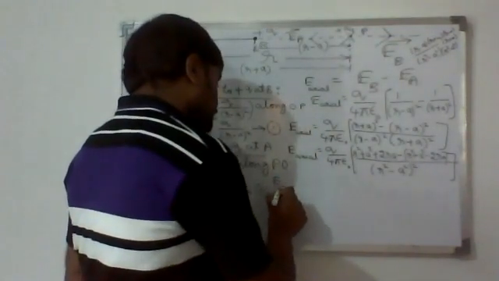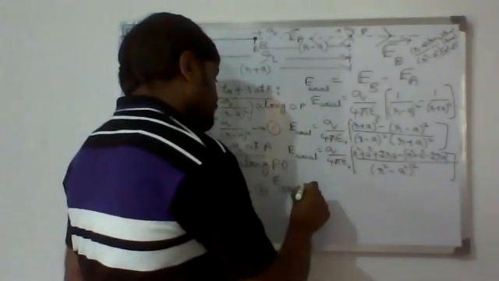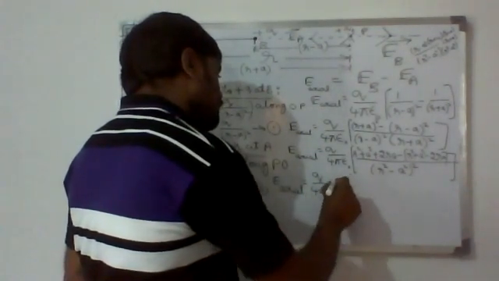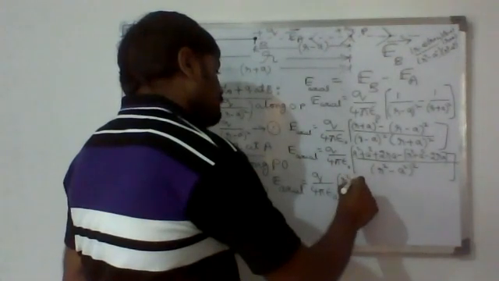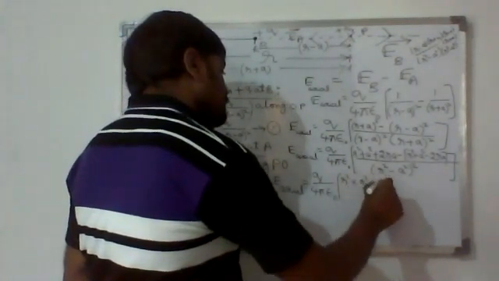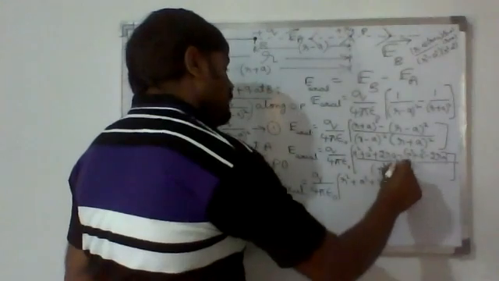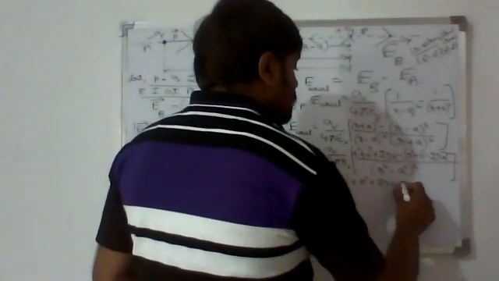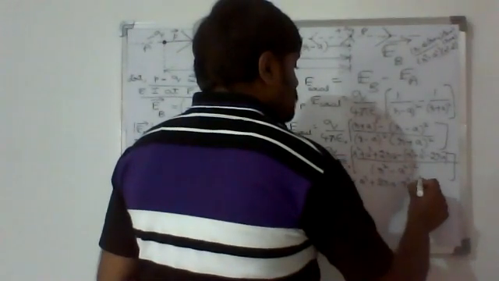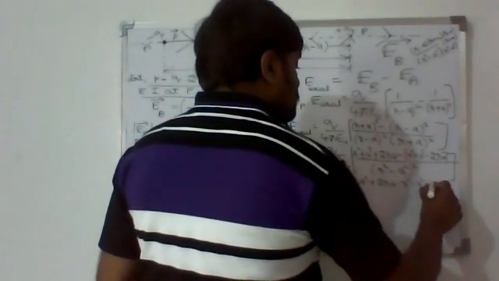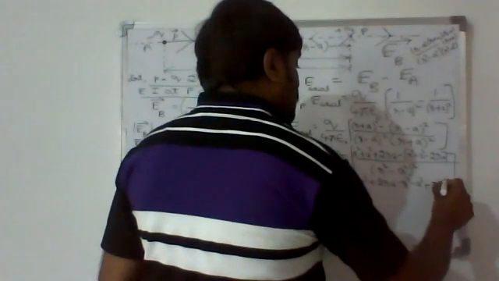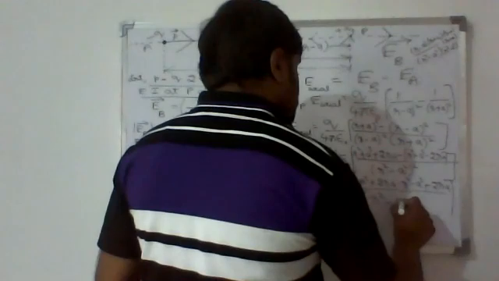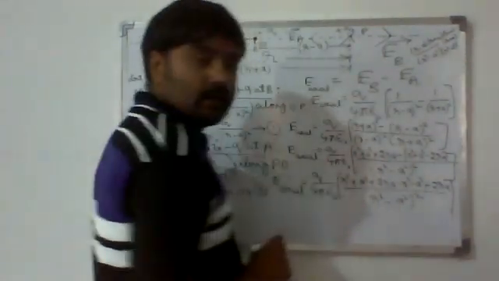And finally, electric intensity at a point on the axial line is equal to Q divided by 4 pi epsilon naught of R square plus a square plus 2Ra, minus taken inside the bracket. What happens? Minus R square minus a square plus 2Ra, whole divided by (R square minus a square) whole square, right?